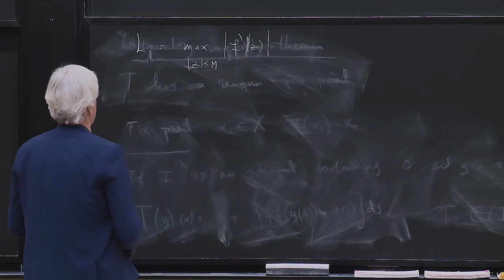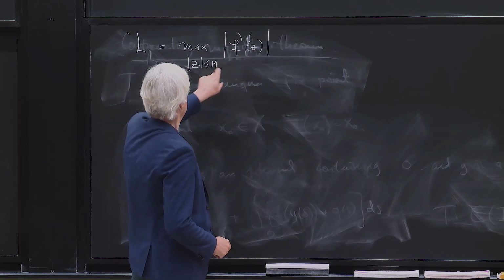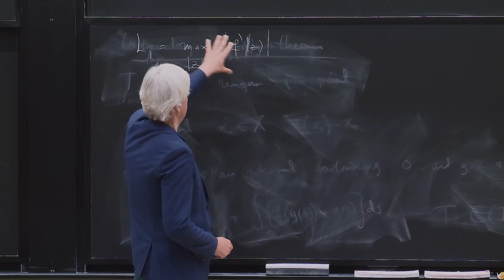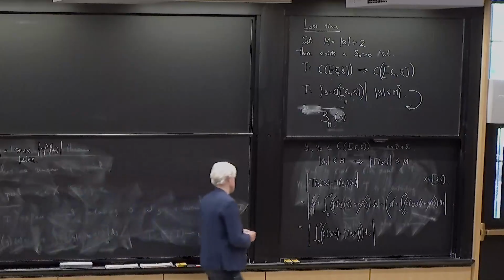So f prime exists and is continuous. On this interval here, it has a maximum. So it's a nice finite number.